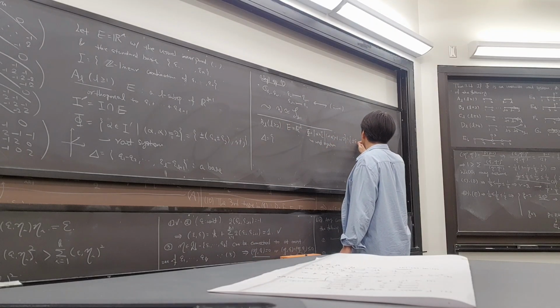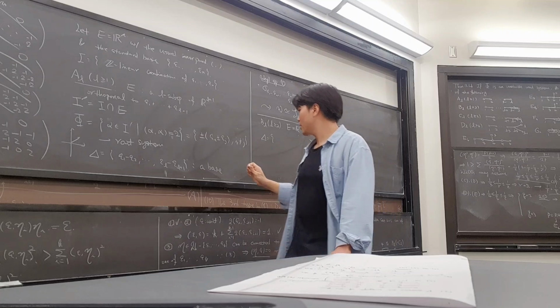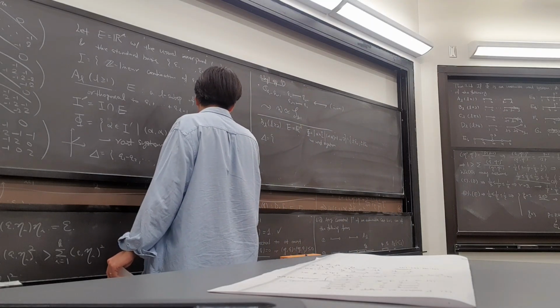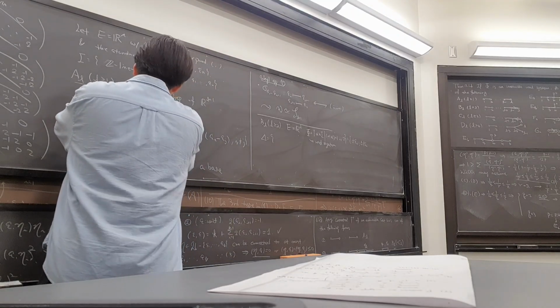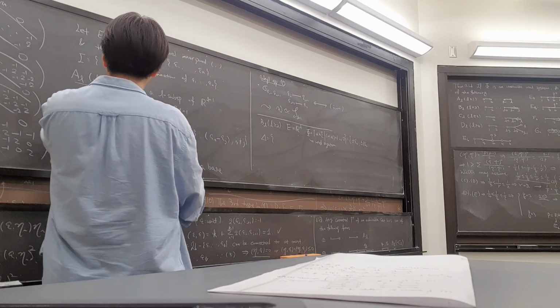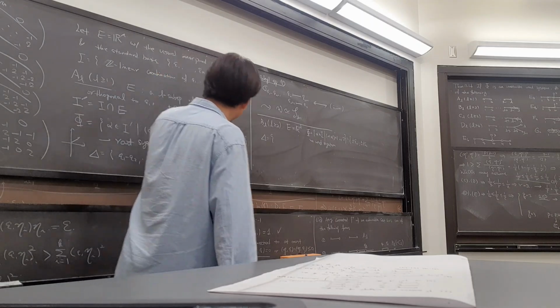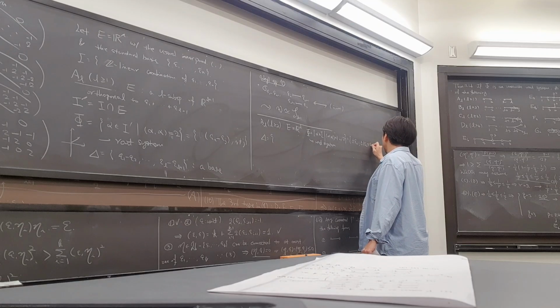So plus or minus epsilon_i is length 1, and plus or minus epsilon_i plus or minus epsilon_j is length 2. Oh, wrong. Yes, this is negative. This is because it's in E, so they need to be orthogonal to this one.